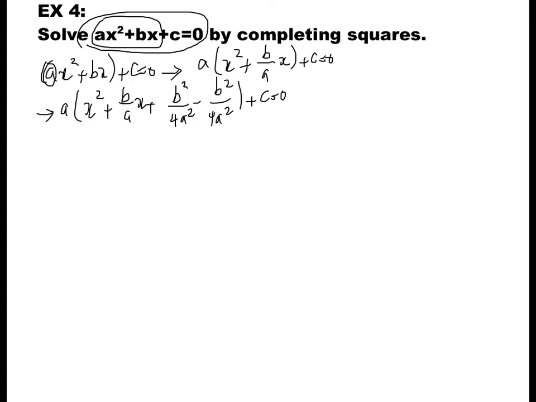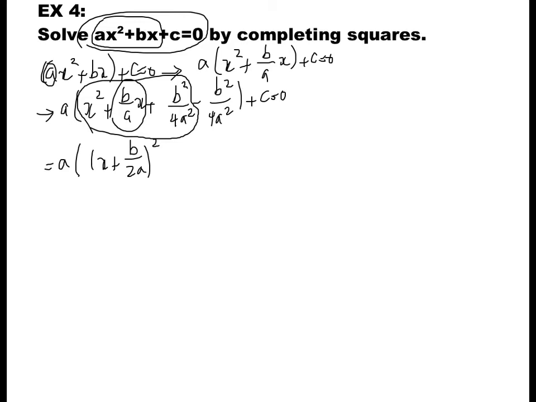Now again, these three terms can be packaged together as a times (x plus b over 2a) squared, because it gives me x squared, the first term, plus b squared over 4a squared, which is the last term, plus 2 times the first times the second term, which is 2x times b over 2a, which is going to give me b over a x.